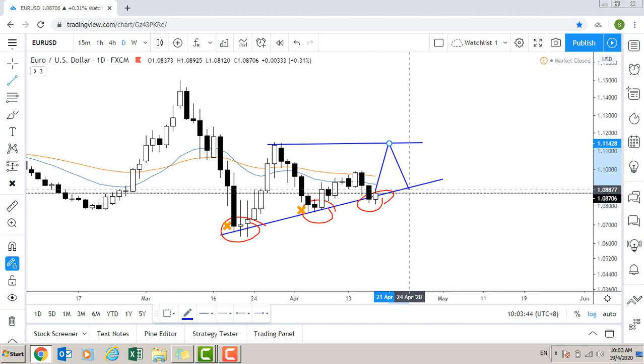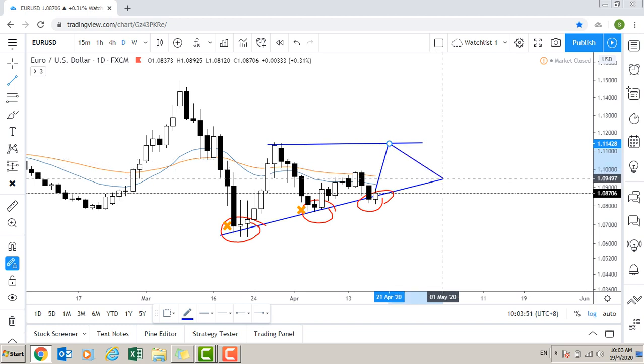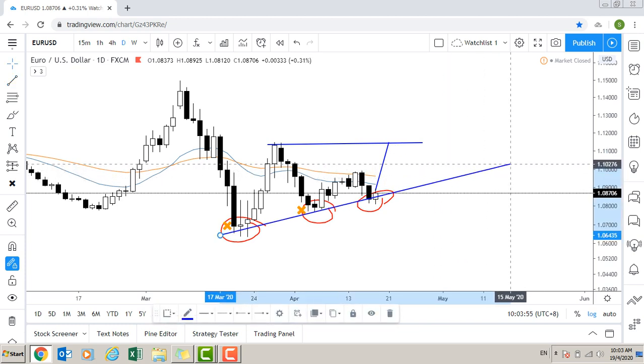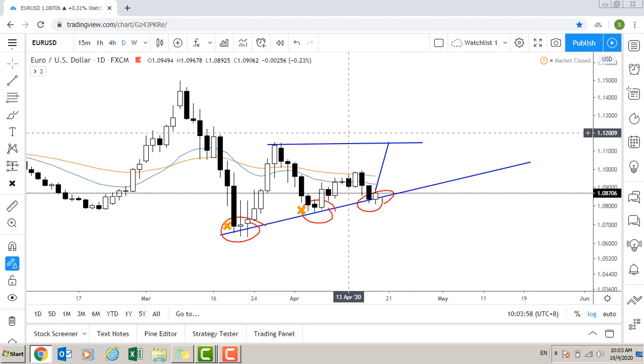It might touch this point, this point, this point, or this point. The longer the price moves on, the smaller your profit target becomes if we extend this level. So this is the risk and reward that we look at. You might get a smaller target, and your risk and reward becomes smaller and smaller.